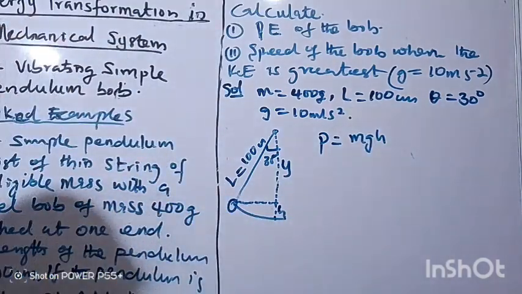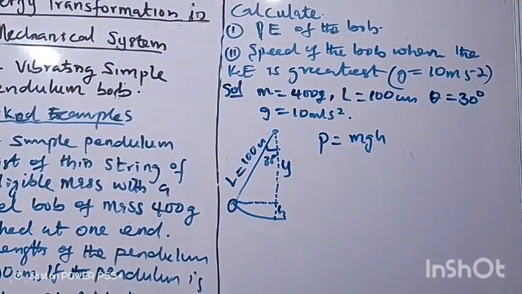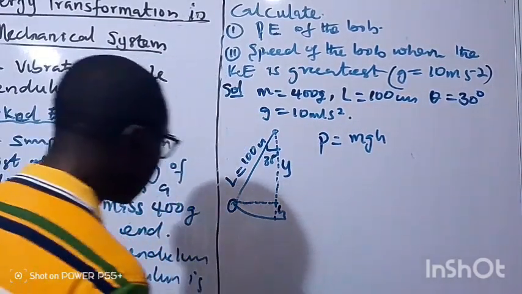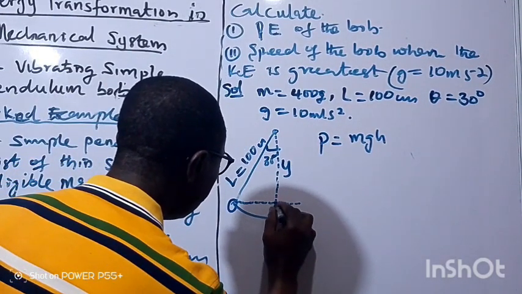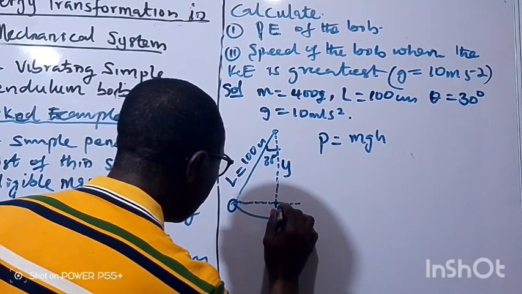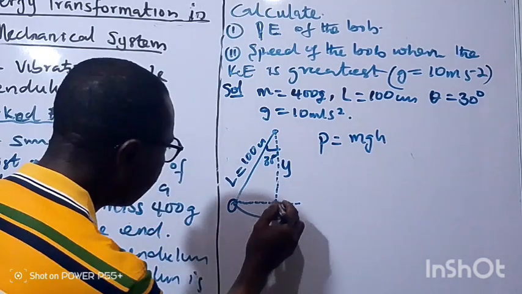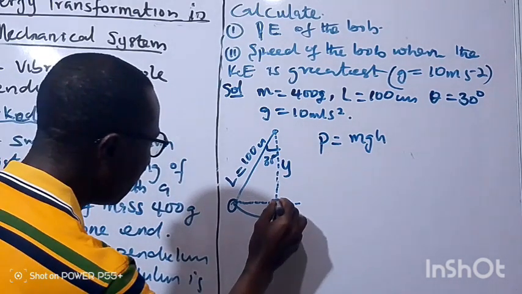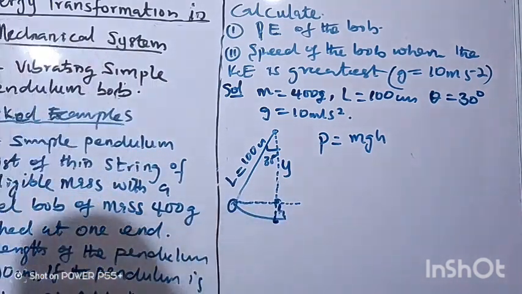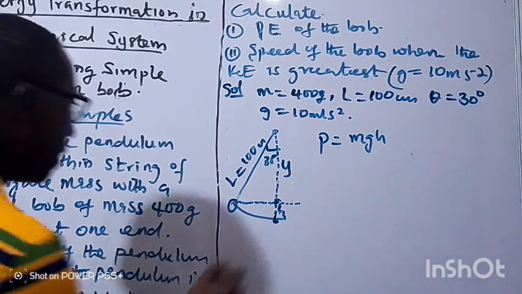That is mass multiplied by acceleration due to gravity multiplied by height. And mind you, the height of this pendulum, according to the question, is from this point to this point. That's the height. So we need to calculate the value of this.